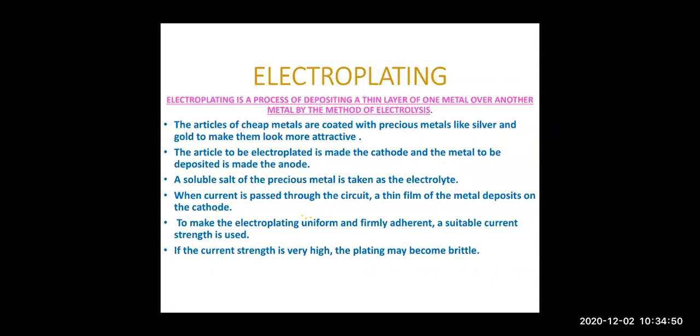Right children? Now the last topic is about electroplating. So electroplating means you are applying, for example, you apply butter on the bread. So what you are doing? You are plating the bread with the butter, right? So similarly, you might have seen that some jewelries are available in the market which are imitation.